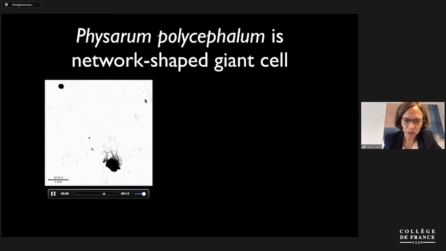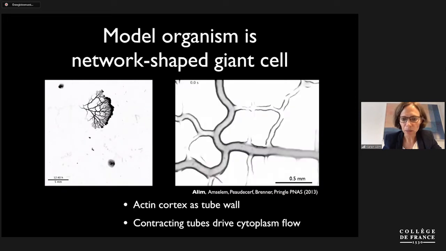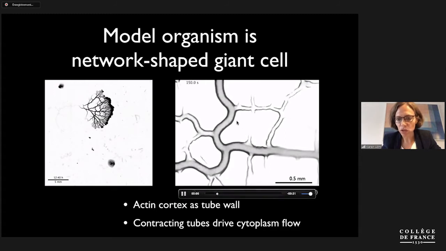If you zoom in, what the organism is actually built of is a network of tubes that, on the time scale of, say, an hour, is a very static network. But the tubes themselves are very dynamic. You can see them here contracting and dilating rhythmically, here with a frequency of about once per minute.